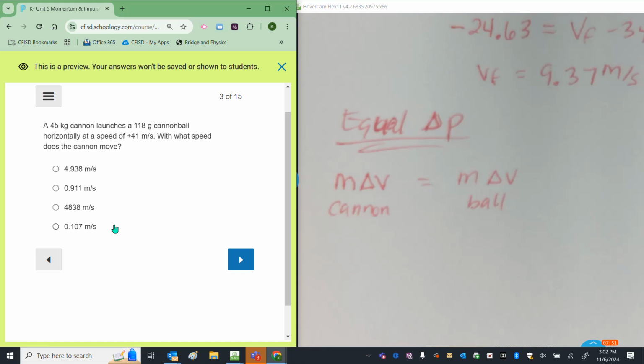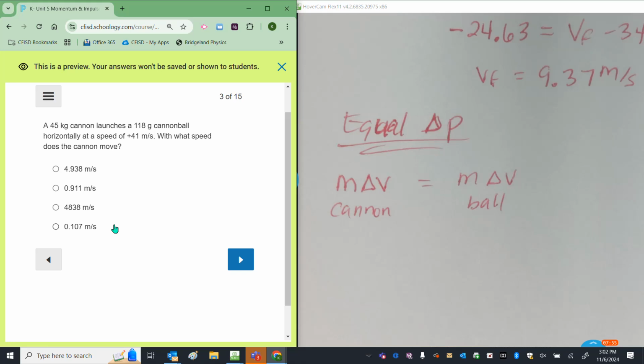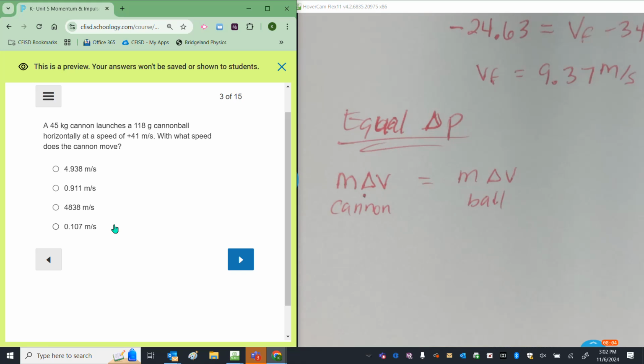Again, this all goes back to those notes, but because we have equal changes in momentum in any collision, we can say the magnitude of this equals the magnitude of this. Yes, the direction's different. We're just doing magnitudes here.